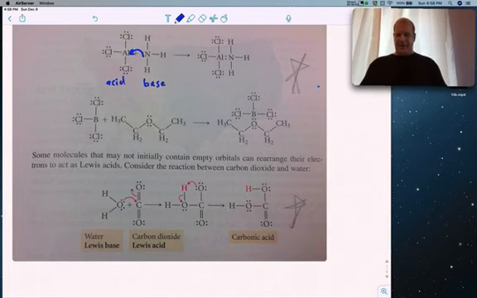From this you can see many reactions that involve the transfer of electrons are also acid-base reactions. So it kind of ties to oxidation-reduction in a way, but not every oxidation-reduction is an acid-base reaction, and not every acid-base reaction is an oxidation-reduction. So be careful with combining these concepts.